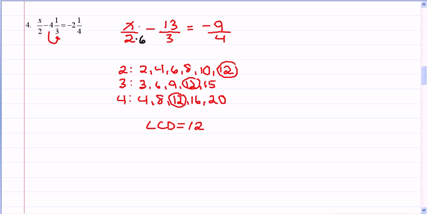you want to multiply the first fraction by 6, because 2 times 6 is 12, and then the second fraction times 4, and then the third fraction times 3.